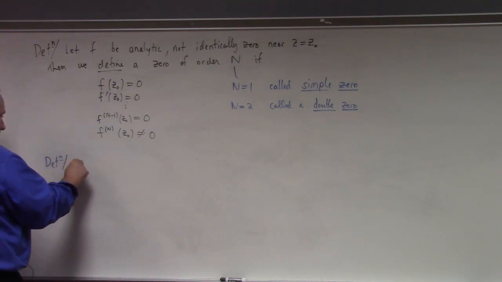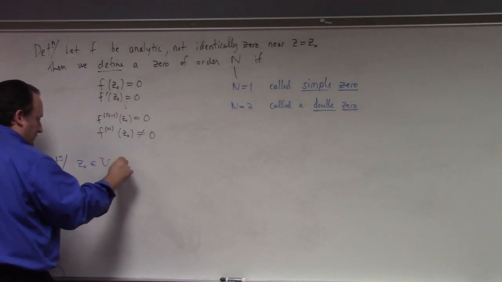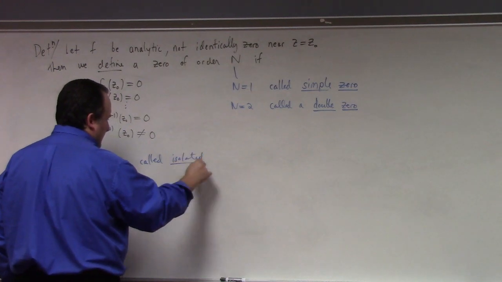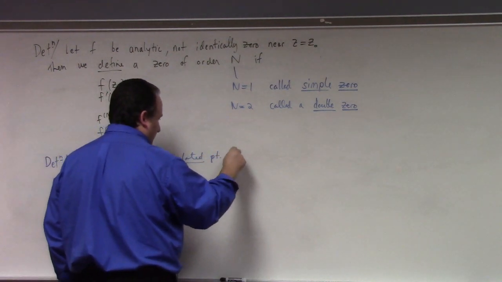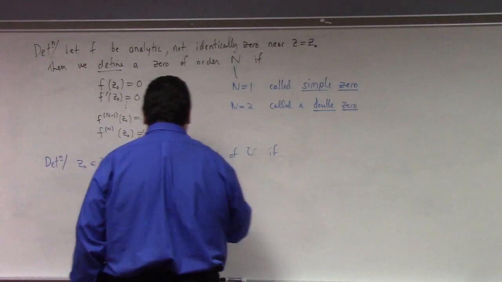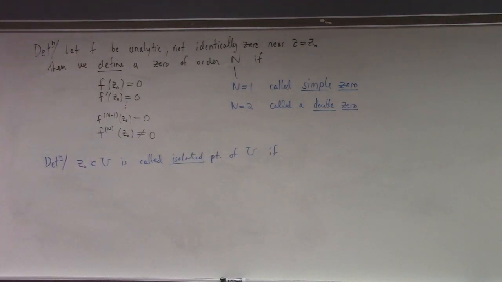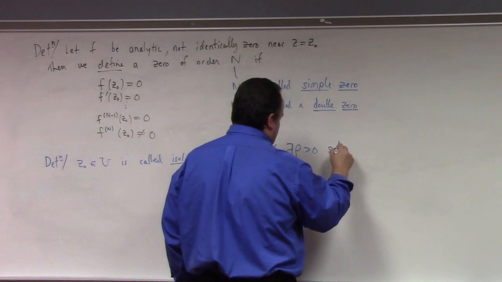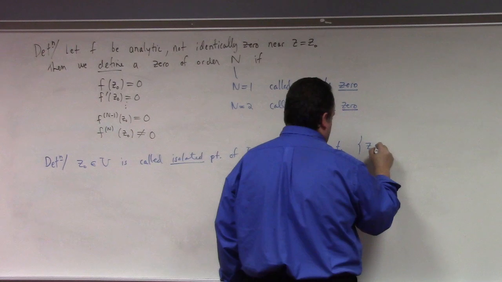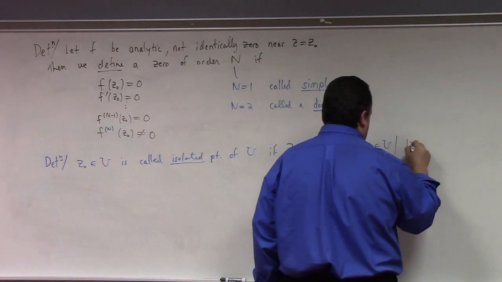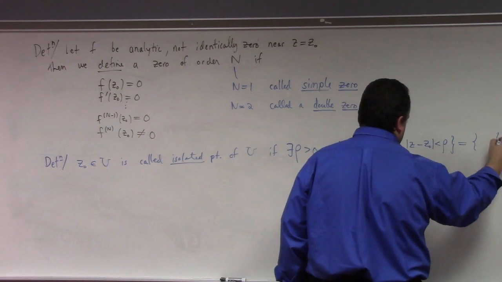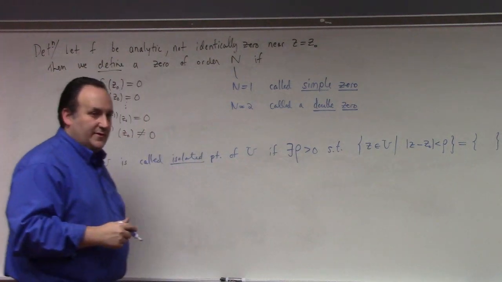Definition: z naught, an element of U, is called an isolated point of U if there exists some rho greater than 0 such that if we look at the set of z in U such that the distance from z minus z naught is less than rho, we just get what? Fill in the curly brackets for me.